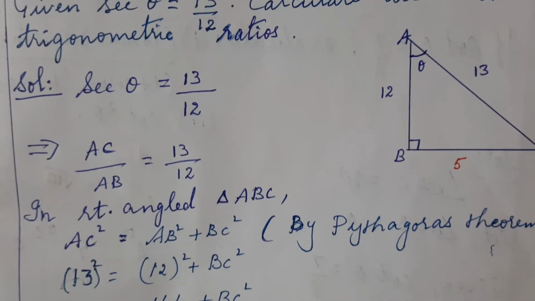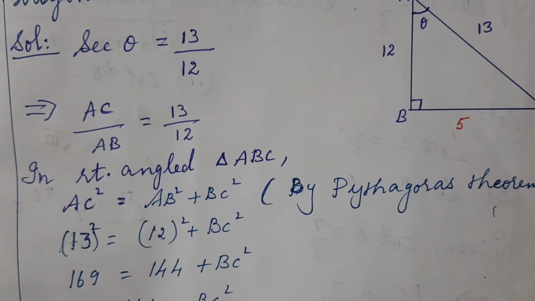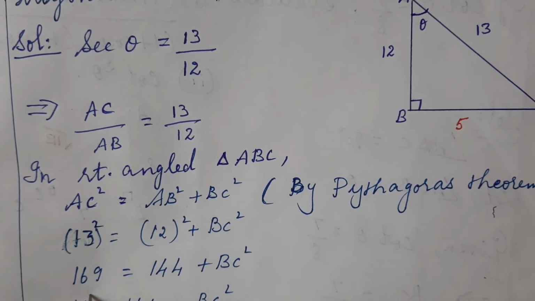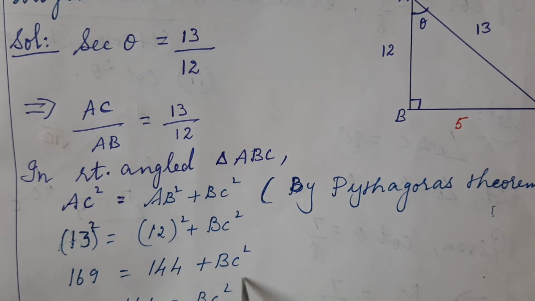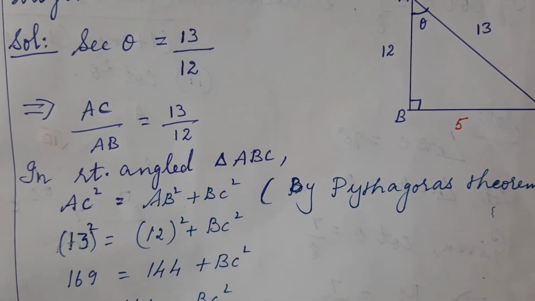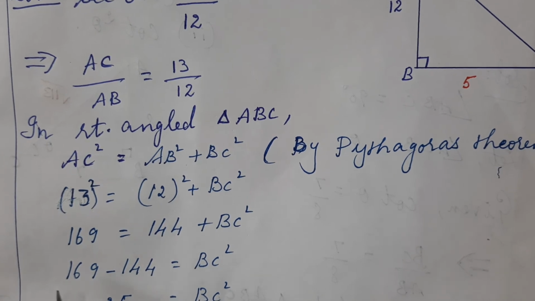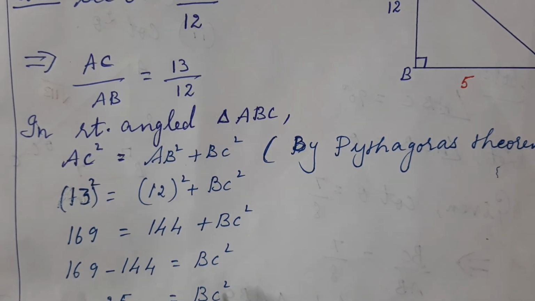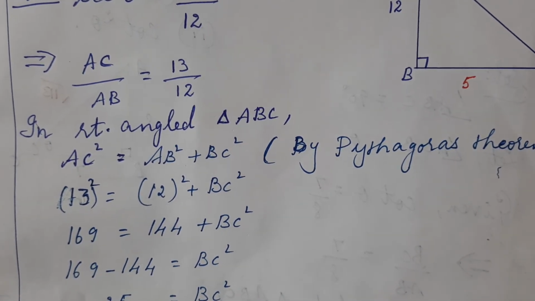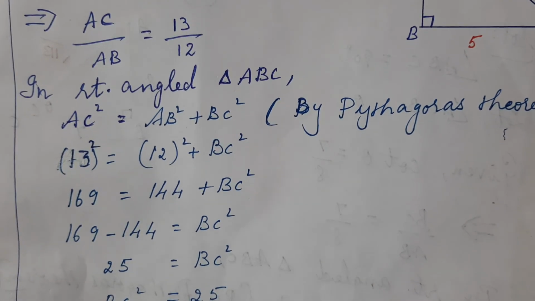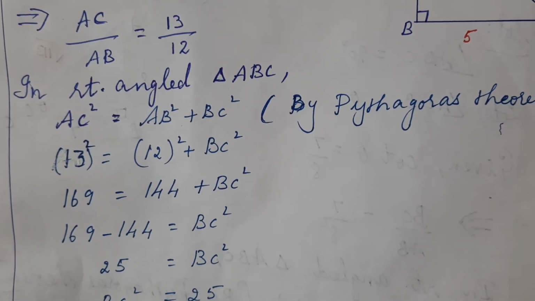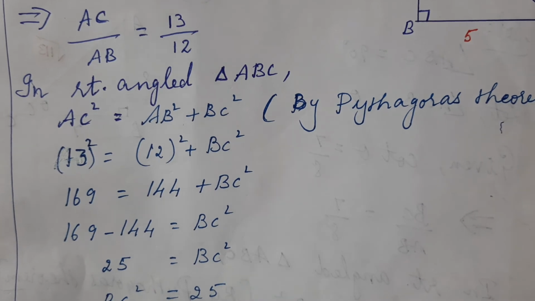So now you know 13 square is nothing but 169. 169 is equal to 144 plus BC square. So I am bringing 144 to the other side. So I get 169 minus 144 is equal to BC square. Now 169 minus 144 is nothing but 25. So 25 is equal to BC square.